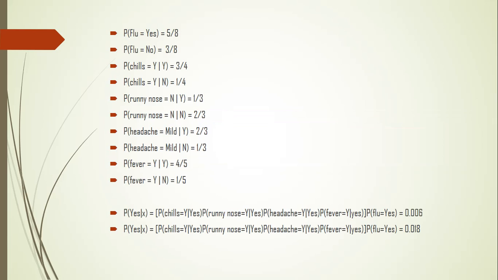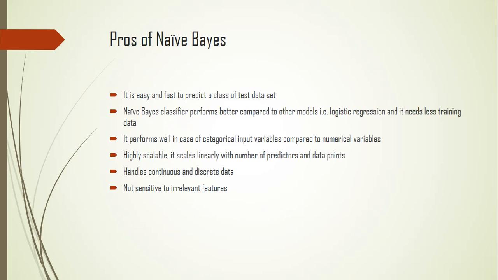Finding each of the probabilities given our conditions of x, that the user has flu, the user has chills, does not have a runny nose, has a mild headache, and does have a fever, we classify it with all the classes that we have for yes and no, and we find the probabilities, and thus we can classify the given information as that the user does not have a flu.